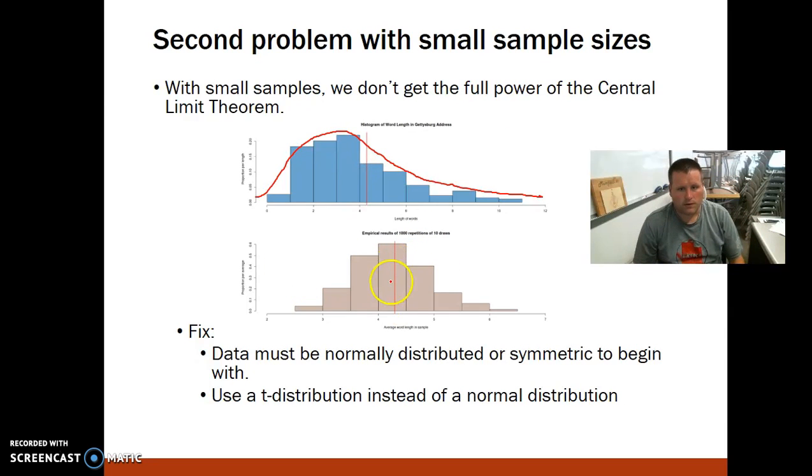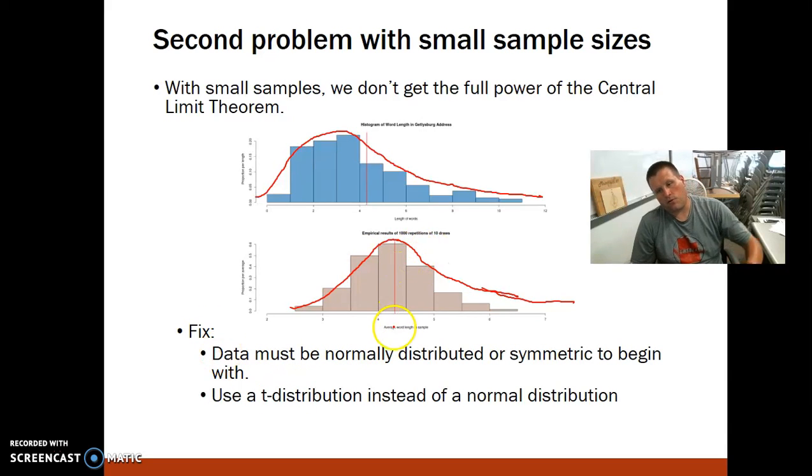Even if we only take, let's say, 10, it gives us a histogram here. If you notice, it's pretty good, but it's still got a longer tail to one side. And so the data must be normally distributed or symmetric to begin with. So using a T distribution instead of a normal distribution helps us with this.